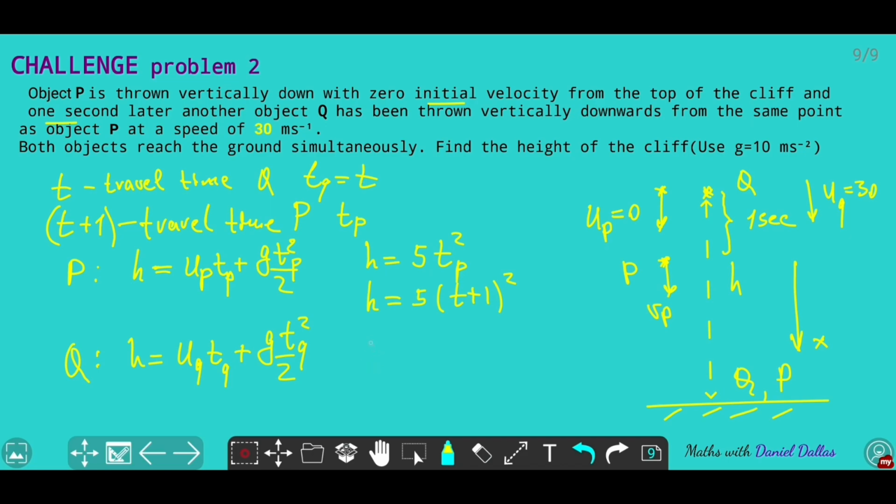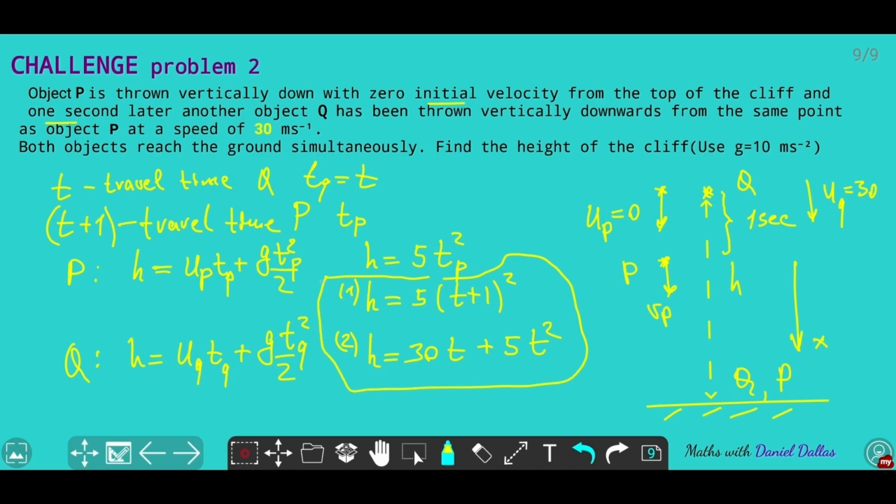And right now we're going to plug this in the formula. So 30, that's initial speed, times t, and plus 5t squared. That's what we'll have. So we'll get equation 1 and we'll get equation 2, and we want to combine them.